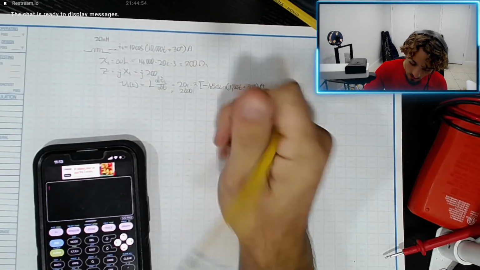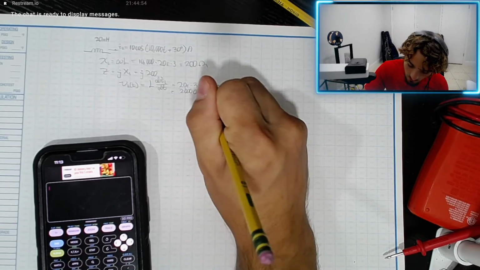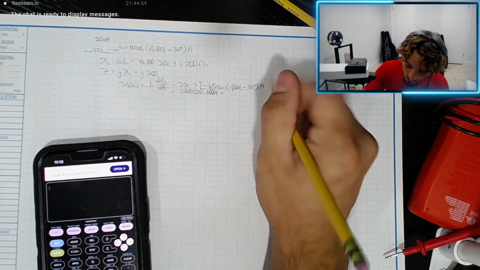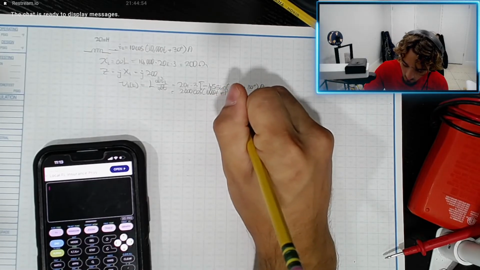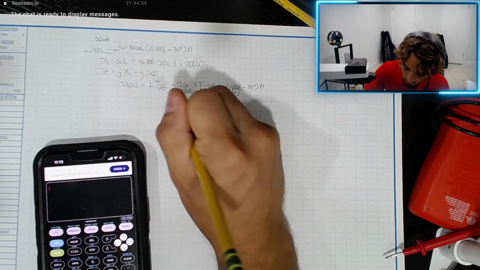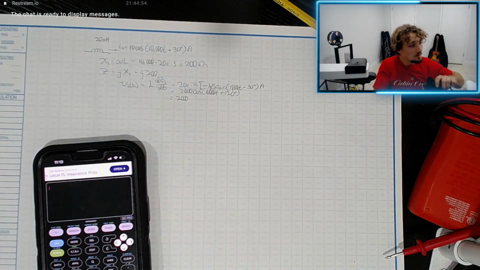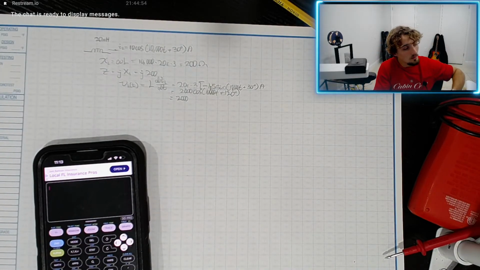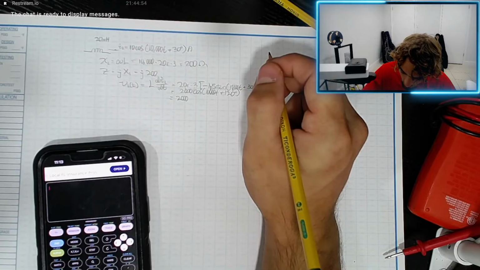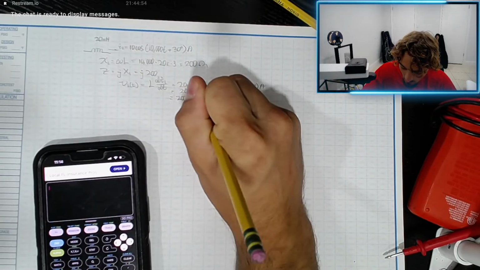Cosine. No, yeah, from sine to cosine. Cosine(10,000t plus 90, 30, 120 degrees) equals 2,000, phase 120 degrees.